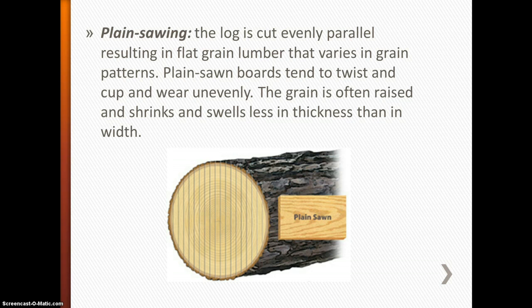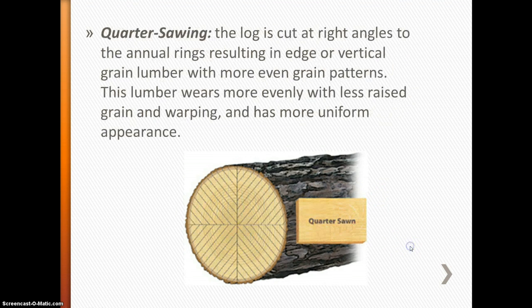So plain sawn, as we see, is cut after all the bark is stripped off first, and then it's cut directly across. Usually the grain on this has a tendency to wear unevenly. These boards have a tendency to cup and warp. A lot of times plain sawn is not so much used for furniture, but more for lumber and construction purposes.